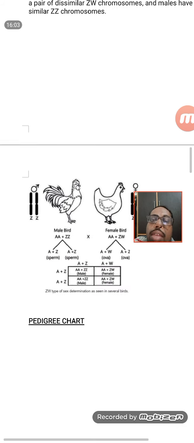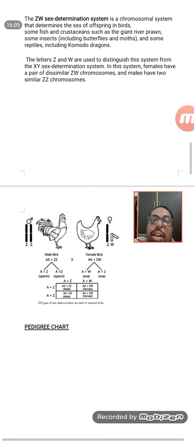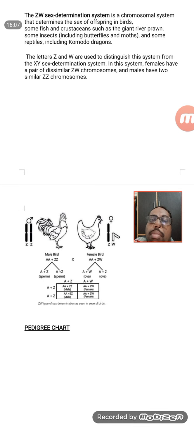And if you see here, the females are heterozygous in nature and males are homozygous in nature. You can see it is very clear. That means the male will have two ZZ chromosomes, and the female bird, the hen, will be heterozygous in nature.